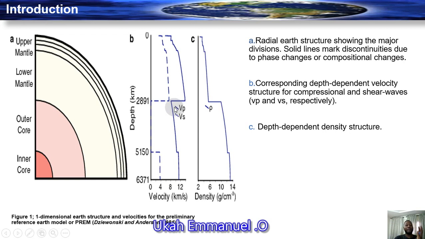P waves travel faster than any other seismic waves, and for this reason they are the first signal from an earthquake to arrive at the affected location and the seismograph. P waves travel through all kinds of medium, both solid, liquid, and gaseous, unlike the S waves that do not travel through liquid medium.